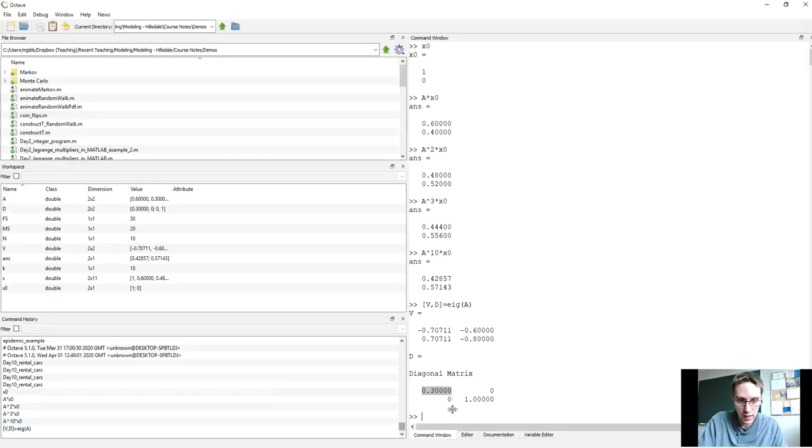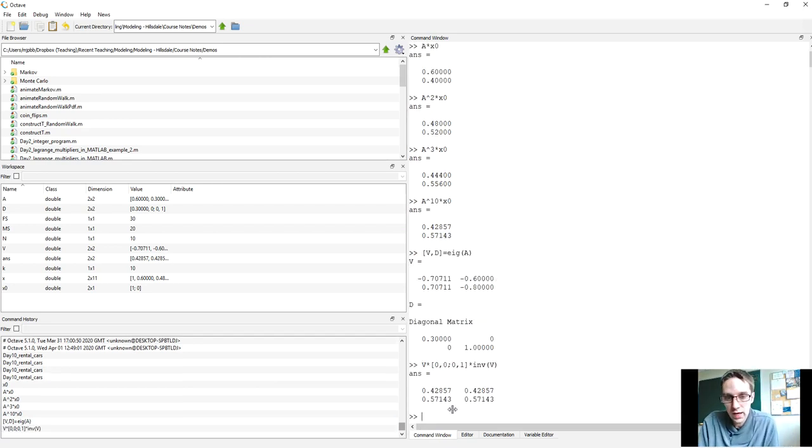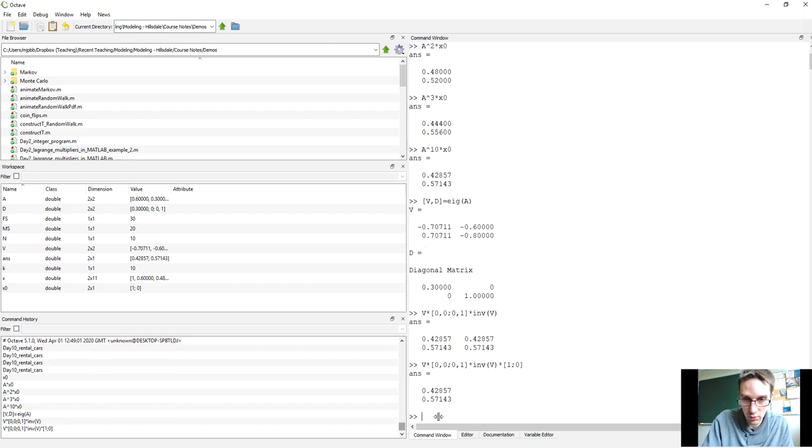So we'll take, I guess they were calling the eigenvector matrix V, times the matrix 0, 0, 0, 1 times the inverse of V. And what you get is 0.42, 0.57, 0.42, 0.57, where both columns are the same, and they happen to be exactly what we seem to be approaching in the long run. And if you multiply that by our initial state, which we said was 1, 0, you'll see that we're just going to pull out that first column, and so that's our long-term behavior.